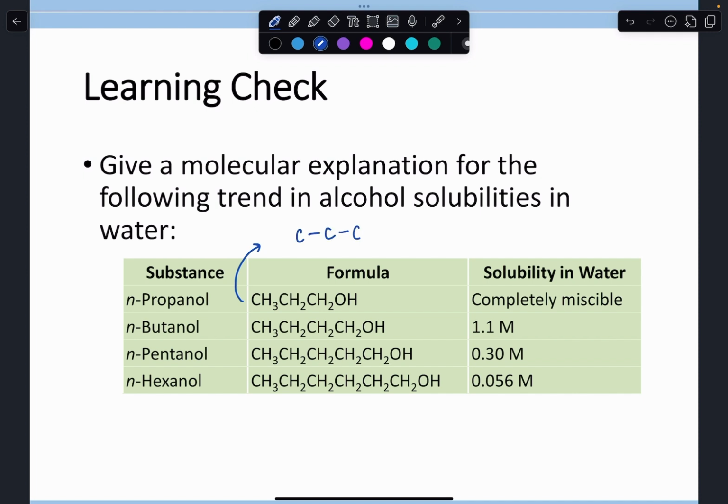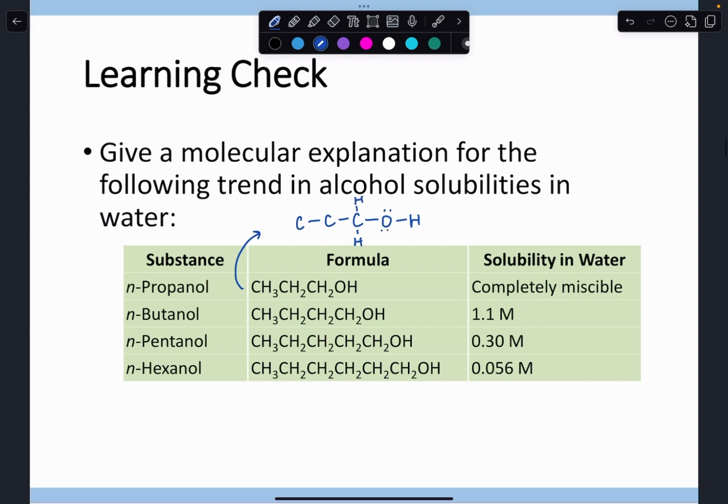It has 3 carbons and then the OH. So the OH area can hydrogen bond with water, but the other part of the molecule is nonpolar. So on the right, you can see that propanol, the molecule I just drew the Lewis structure for, is completely miscible with water. It'll always mix.